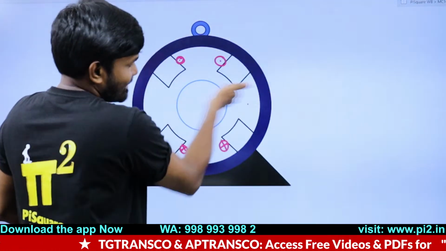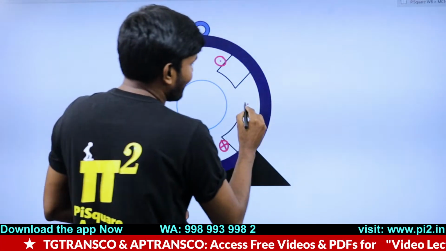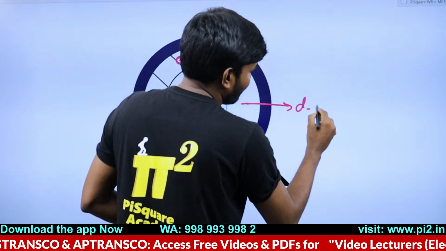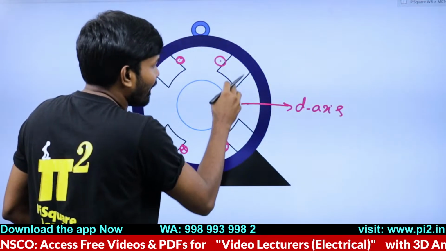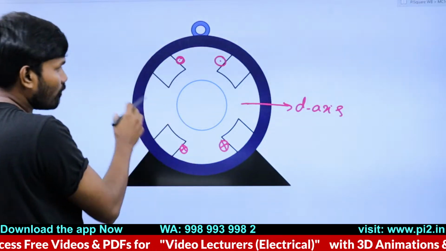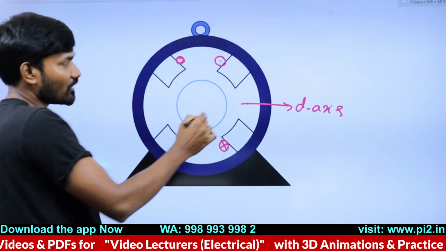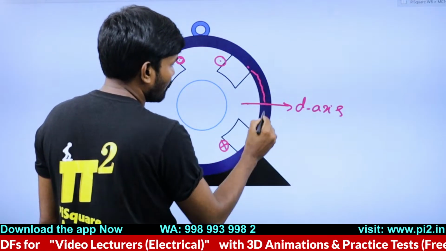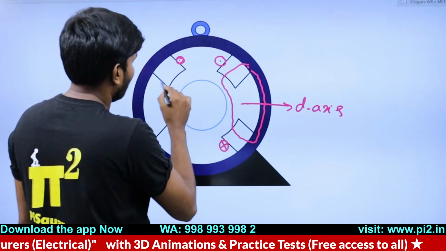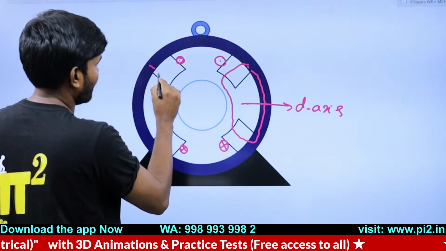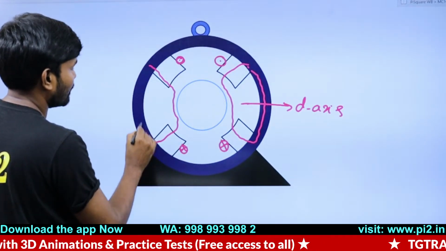This is the d-axis, the direct axis. This means one pole will be formed here, another pole will be formed here. So if you see, that pole will be something like this, and this way, like this, like this.